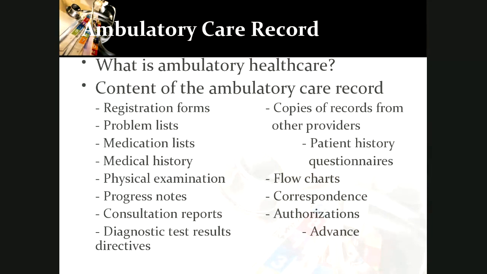And that word advance, if you look in the left column at the bottom, that's supposed to be advanced directives. It just kind of broke it up on a different line, which I think is really kind of crazy, but advanced directives. Next slide.